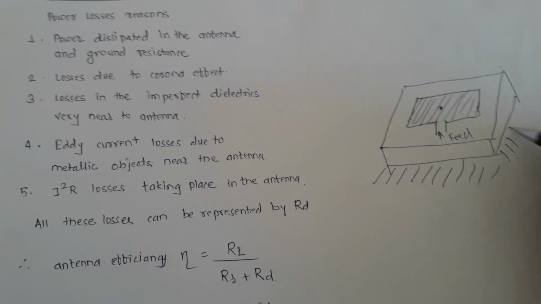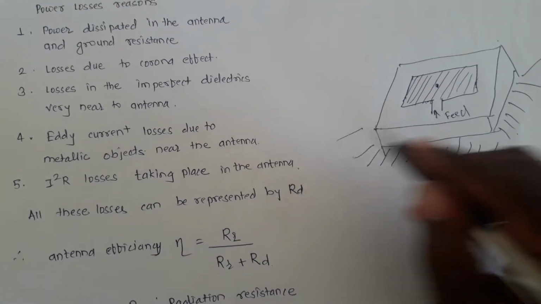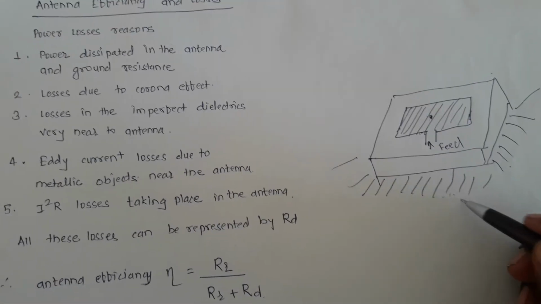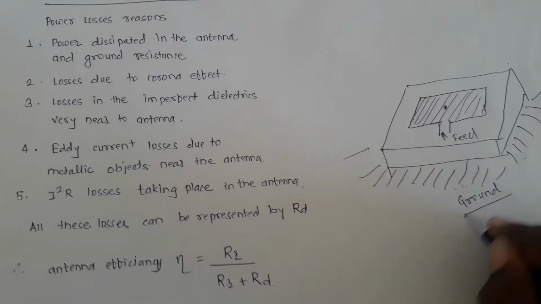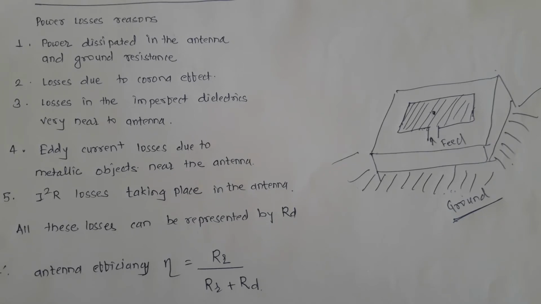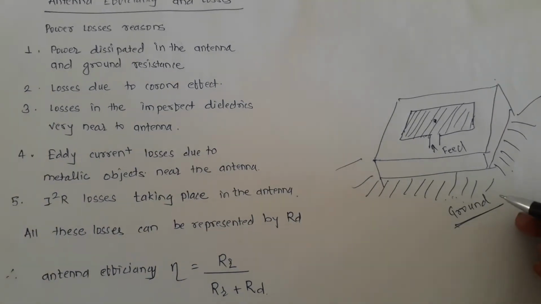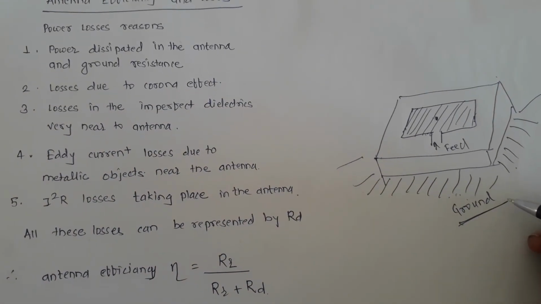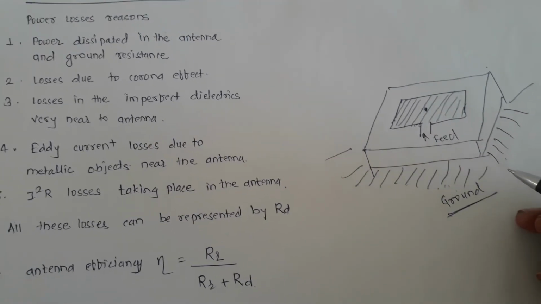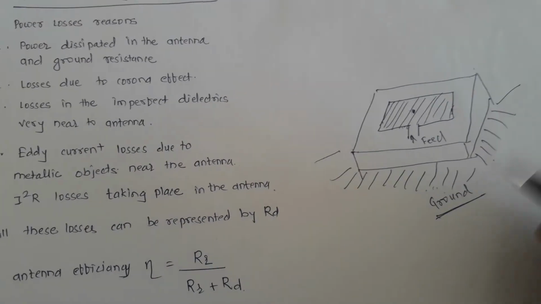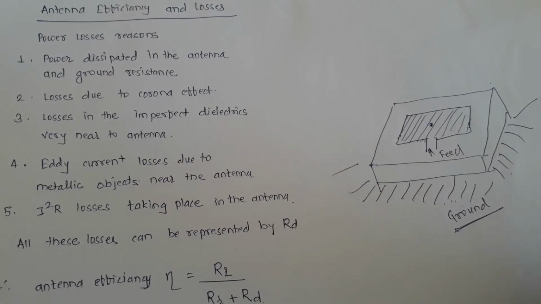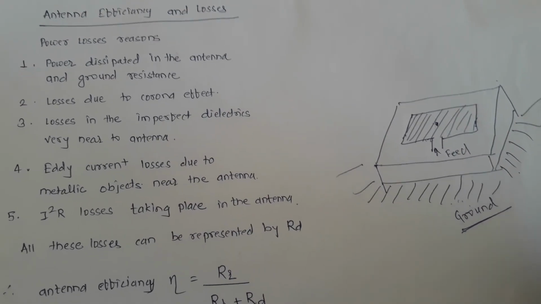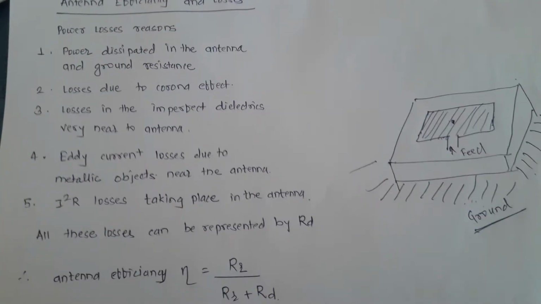Similarly, whatever the resistance of this ground substrate, it will also generate some kind of losses. If the resistance of the ground is perfectly matched, then losses are minimum. But if there is no perfect impedance matching, the losses are more. Similarly, there are losses due to the corona effect.